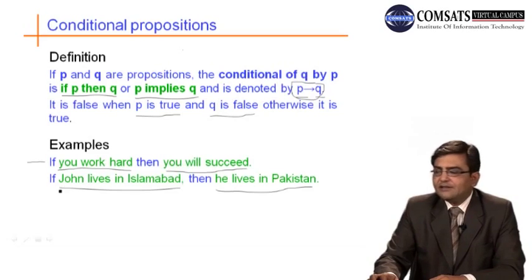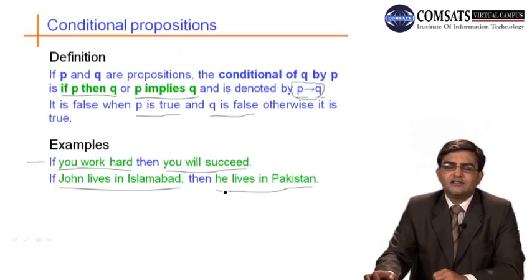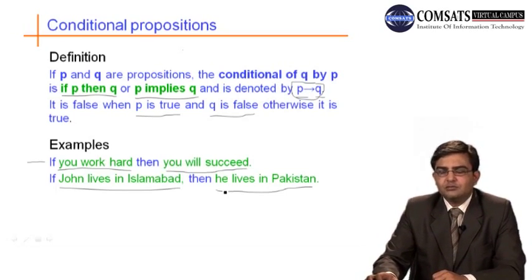There are other possibilities here. If John doesn't live in Islamabad and John doesn't live in Pakistan, then this conditional statement is also true, because hypothesis is false and the conclusion is false. In this case, the conditional proposition will also be true.